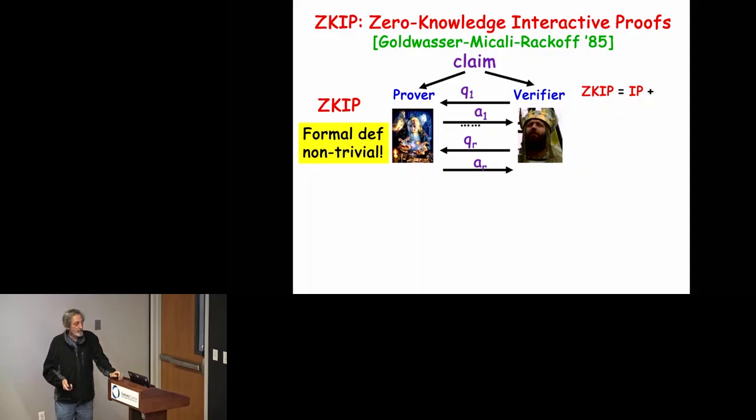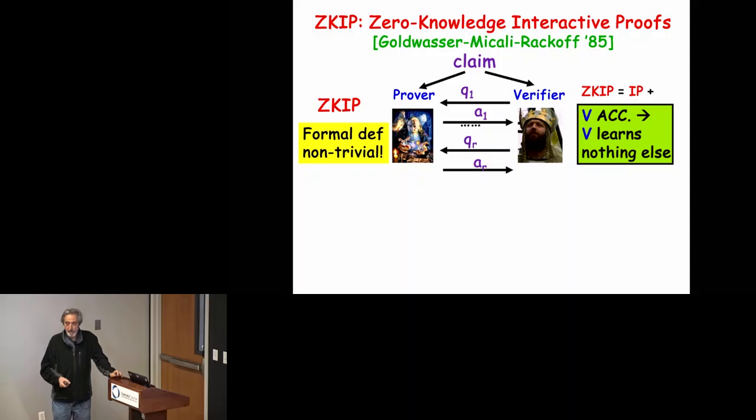Plus, there is a demand that whenever the verifier accepts, namely the claim is true, it learns absolutely nothing about the proof. So it is convinced that the claim is true, and nevertheless it learns absolutely nothing it didn't know before, certainly not about the proof and not about anything else.